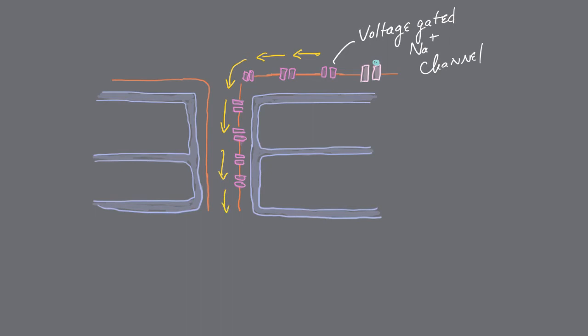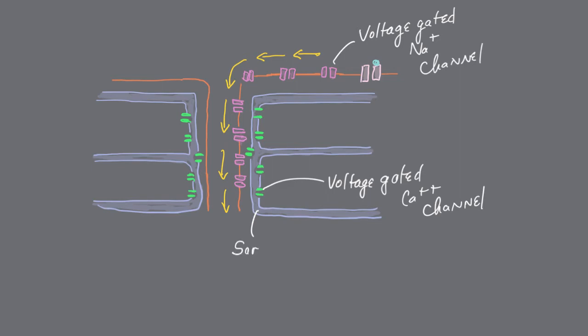all along the T-tubule. When the action potential travels down, it triggers the opening of voltage-gated calcium channels that are shown in green all along the sarcoplasmic reticulum. Remember, the sarcoplasmic reticulum is filled with calcium. That's its job, to store calcium.